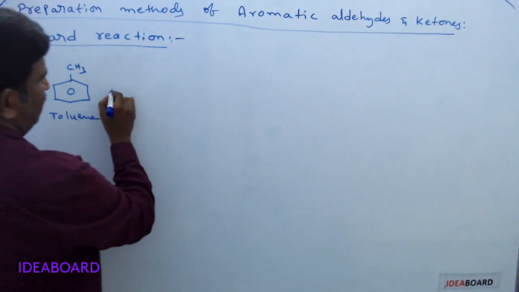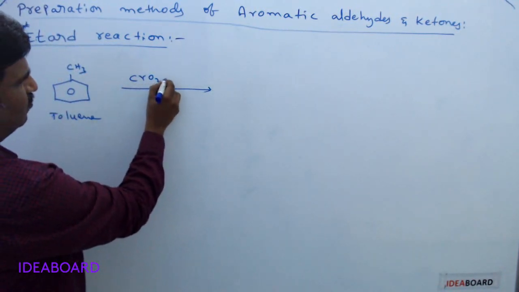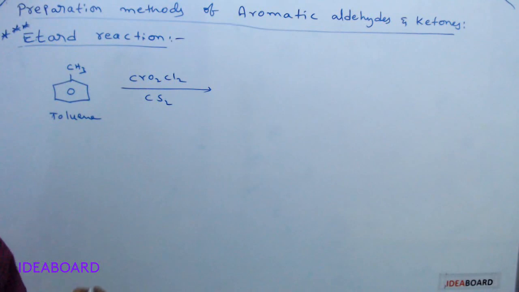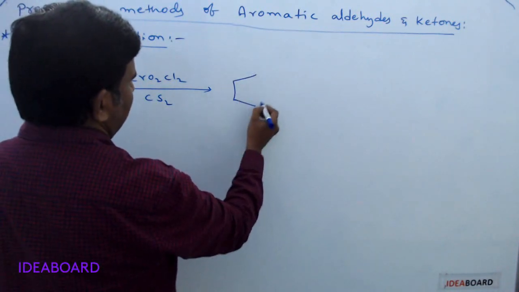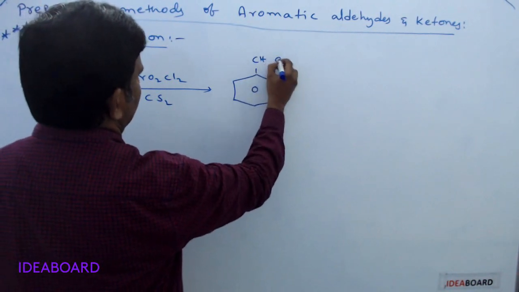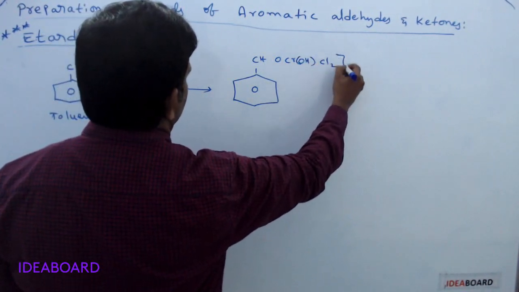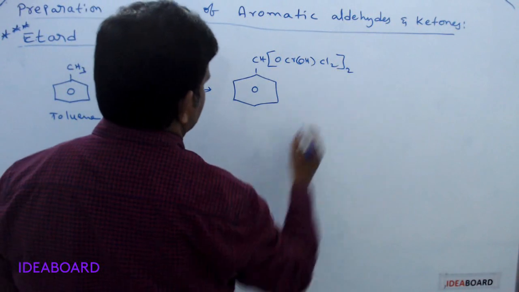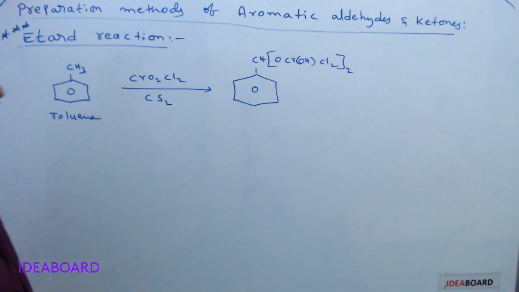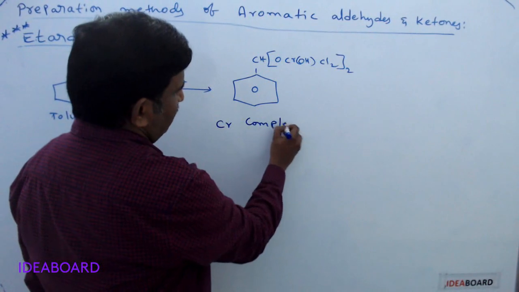This methyl benzene or toluene reacts with chromyl chloride, CrO2Cl2, in the presence of carbon disulfide, and forms a chromium complex. Two hydrogen atoms are replaced by chromyl chloride, forming the chromium complex CH(OCrOHCl2)2.